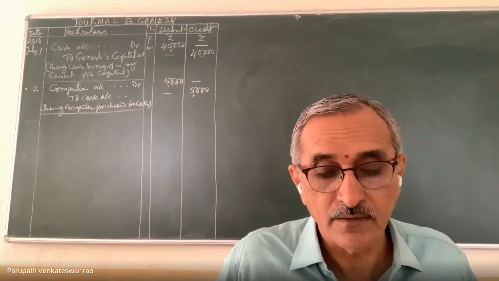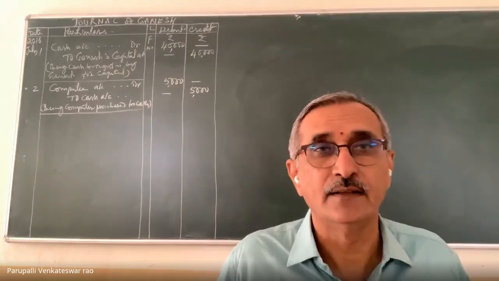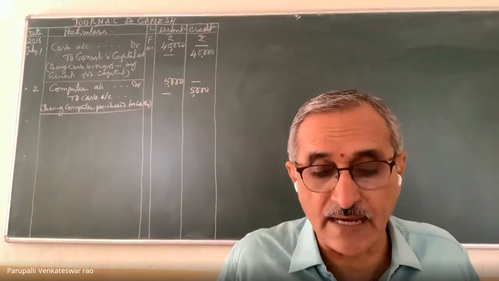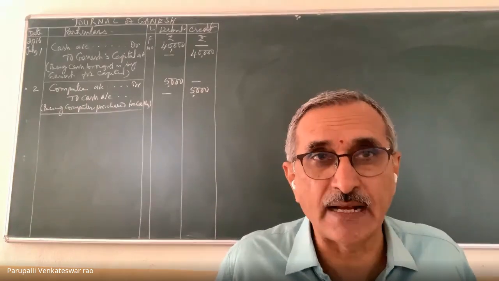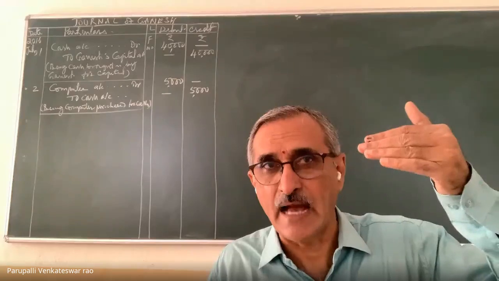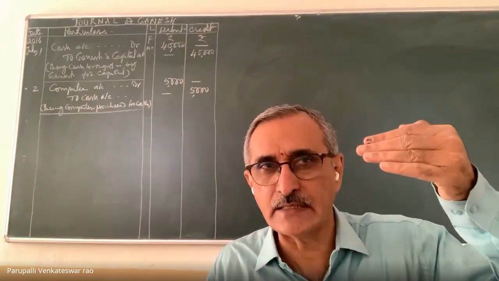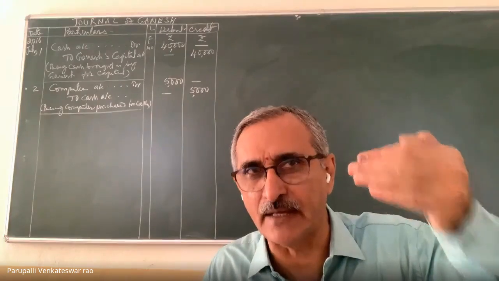Purchase of goods account debit to... Credit the giver, to Sundar. That's right. So purchase of goods account debit 4,000. Goods are coming into the business. Sundar is the giver. No cash is mentioned. It is a credit transaction where the name of the supplier is given.